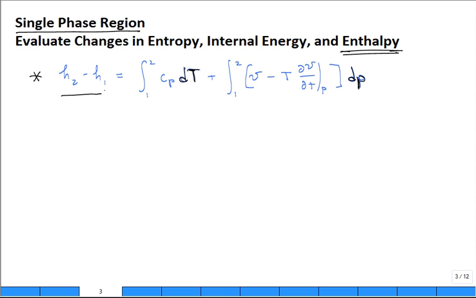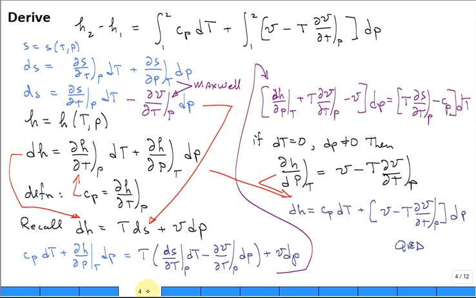Well, we can derive it. Here's the derivation. It's in the textbook, so I'll give you a Cliff Notes overview of it. But it gives you a sense of how this whole chapter is put together. We start with S assumed to be a function of temperature and pressure.